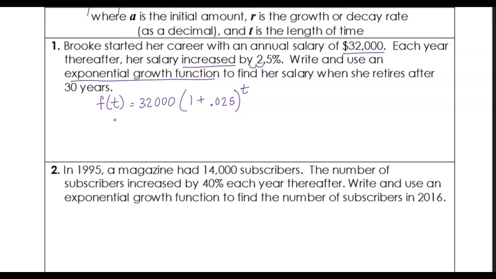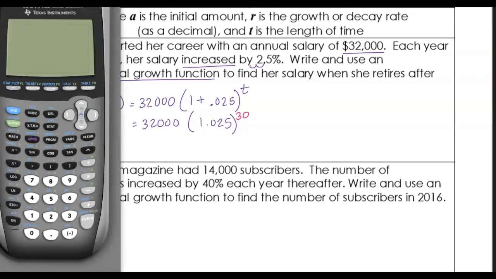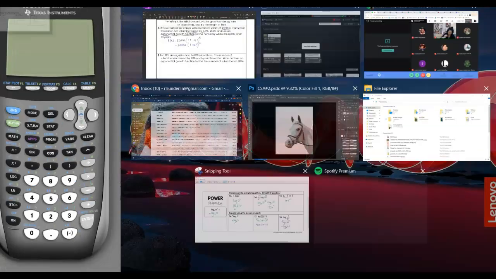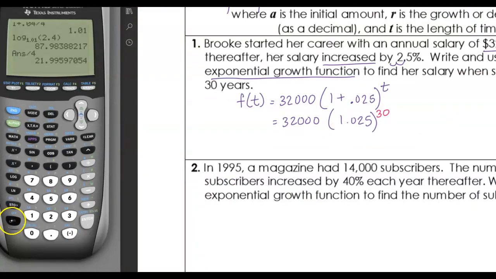Yes, Peyton, exactly. You just substitute 30 in for t. So instead of writing a t, I'll have a 30. And I just added those, whoops, I should do rate. That doesn't look like an exponent, does it? Raise to the power of 30. And then I just take this and I plug it into my calculator.